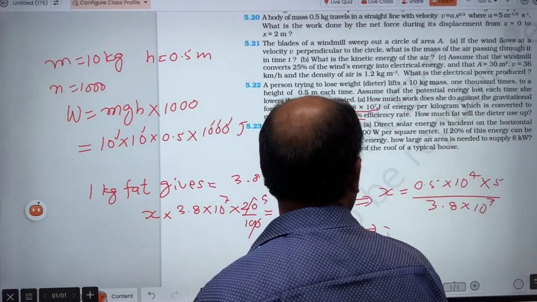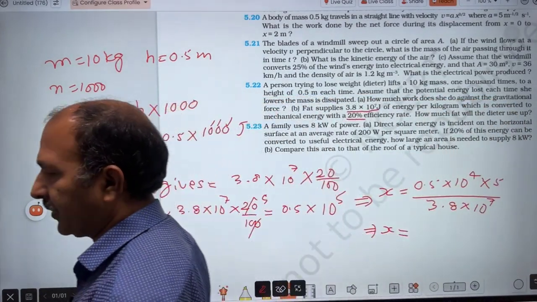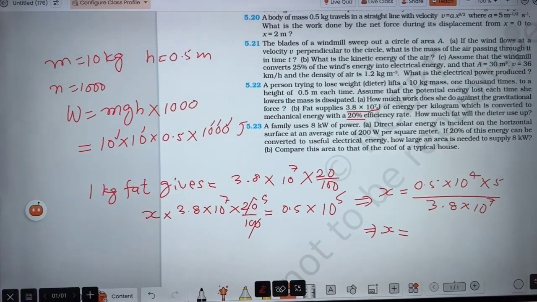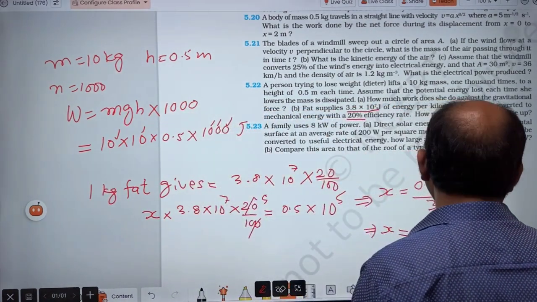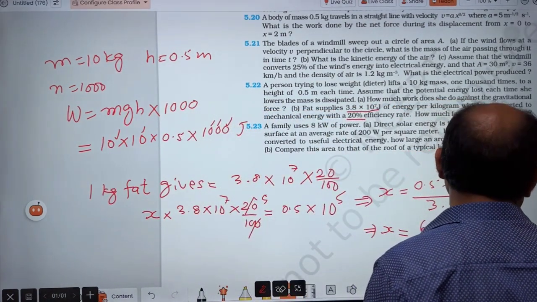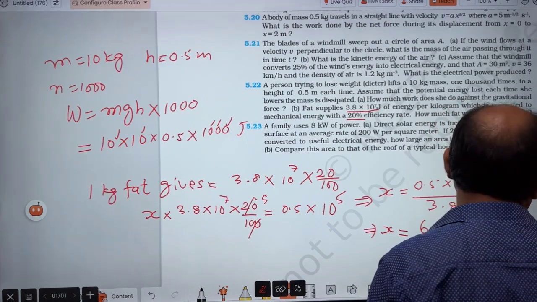Now take 1 minute to evaluate and tell me. So you will get 6.95 into 10 to the power minus 3 kg.